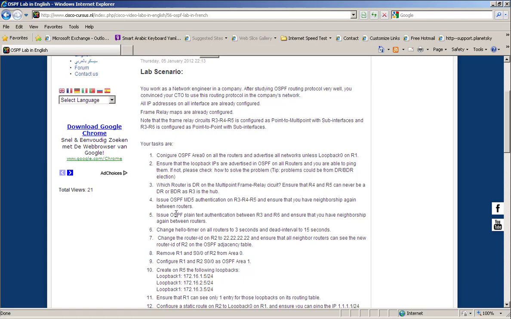Point number 5, issue OSPF plain text authentication between router 3 and router 6 and ensure that you have neighborship again between router 3 and router 6.